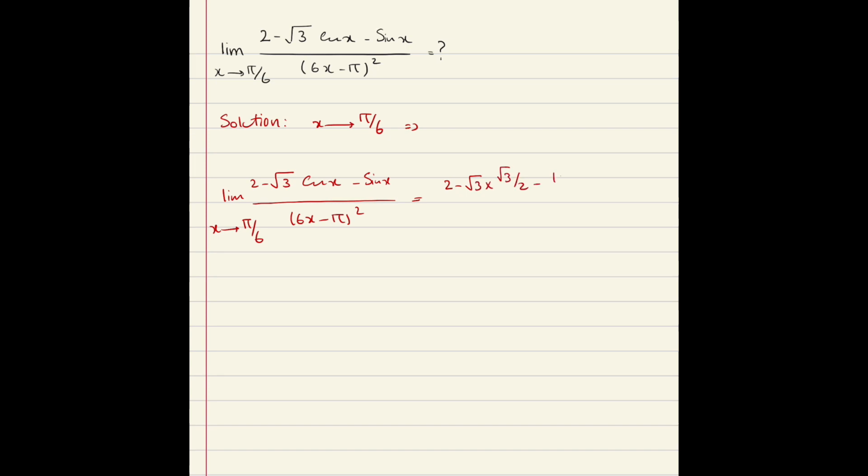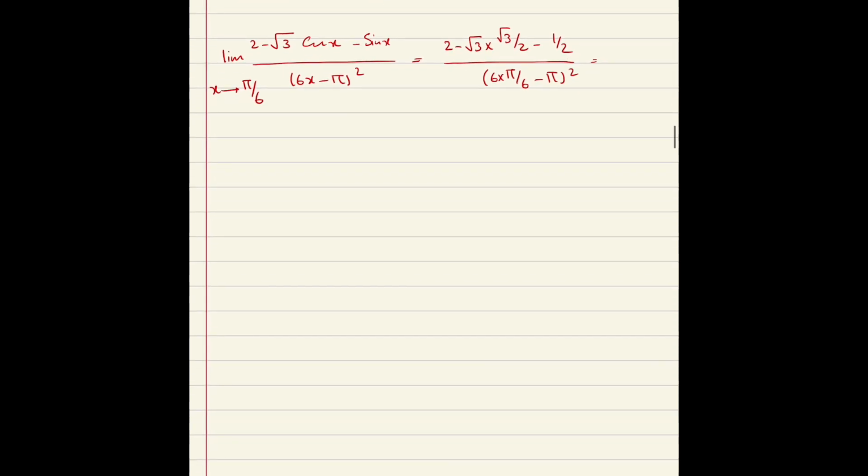So the numerator would be 2 minus root 3 times root 3 over 2 minus 1 over 2, over 6 times pi over 6 minus pi squared. So the numerator and the denominator would both be equal to 0. So 0 over 0, we know that is not the answer. So we basically need to apply L'Hopital's rule.